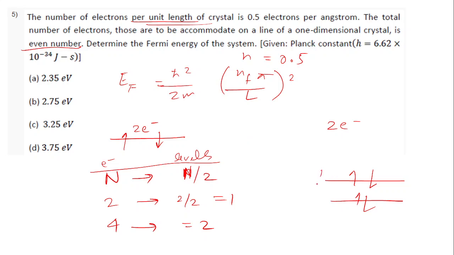Like the first principal quantum number, second principal quantum number, usually we start from the bottom: 1, 2, 3, like that. So that many states will be occupied. Means n is equal to 1, n is equal to 2, n is equal to 3. That will become our nf, the highest occupied Fermi energy level.